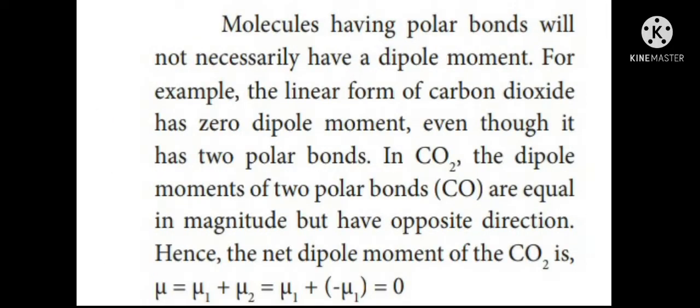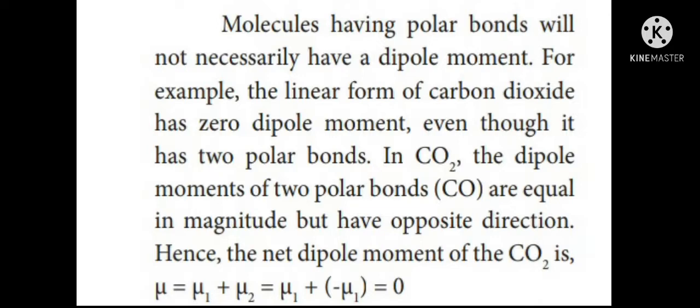Molecules having polar bonds will not necessarily have a dipole moment value. Consider carbon dioxide. It is a linear molecule. Even though carbon dioxide has two polar bonds, it has zero dipole moment. In carbon dioxide, the dipole moments of the two polar bonds, that is two CO bonds, have equal values, but they are in opposite direction.